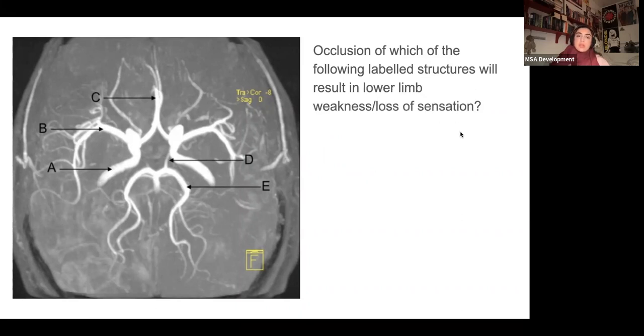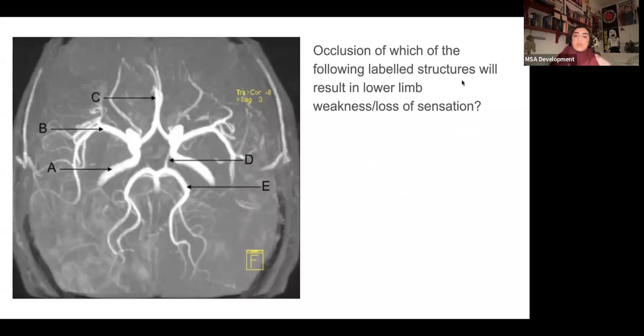Now we could rephrase this question with the same image and say, occlusion of which of the following labeled structures will result in lower limb weakness or loss of sensation? So if we understand the homunculus of the brain, remember that most medially, we have our lower limb, genitalia, and as we move outwards, we have more of our face, our upper limbs, and then most laterally, we have our mouth, tongue, gums, teeth, etc. Okay?